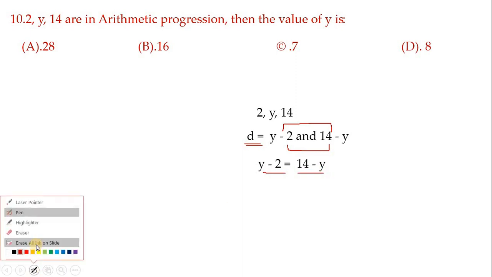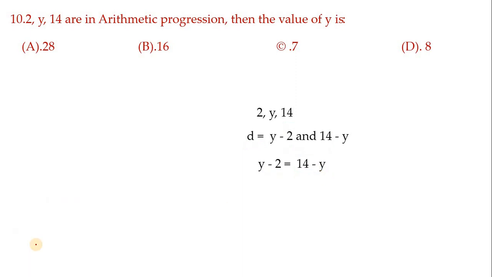Why these two are equal, children? Because we are finding difference between consecutive numbers. So in arithmetic progression, difference of consecutive numbers will be same, hence these two will be equal. Now this y transfer this side, so it will become plus y, and this minus 2 transfer that side, we get plus 2.